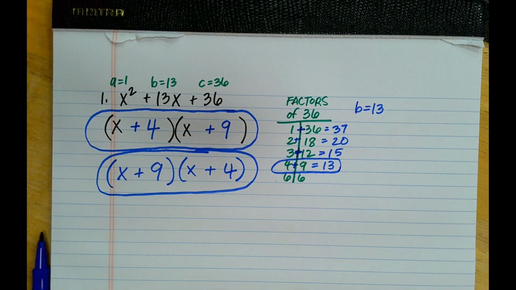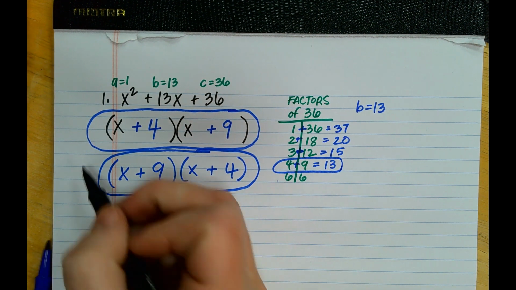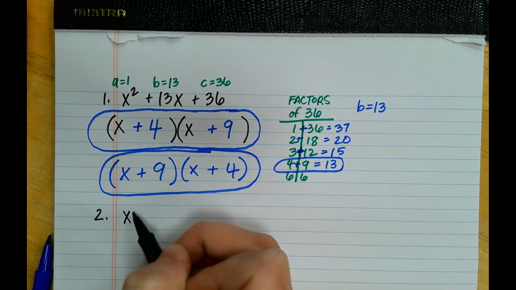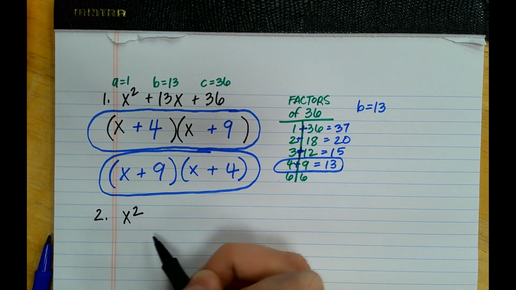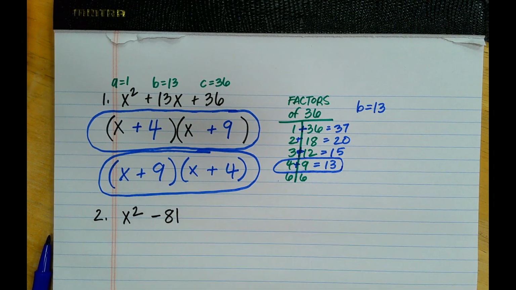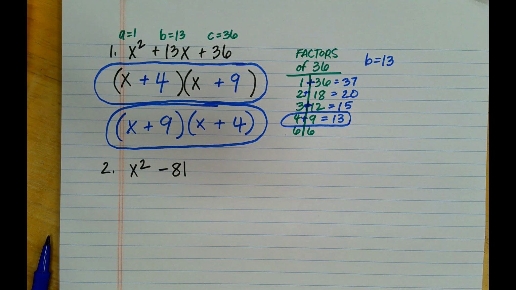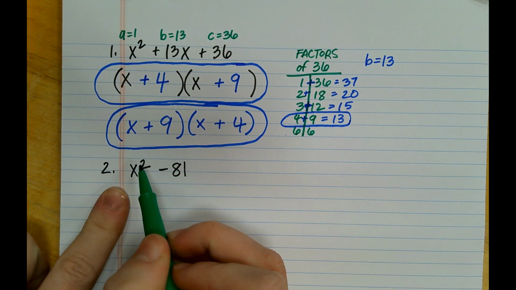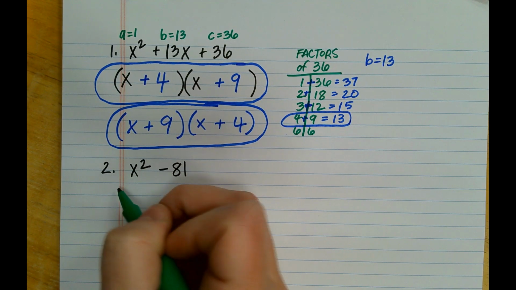Okay, let's try the second one. Second one's a little tricky. I have x squared minus 81. A is 1, B is 0. So let's label our A, B, and C first. My A is 1.